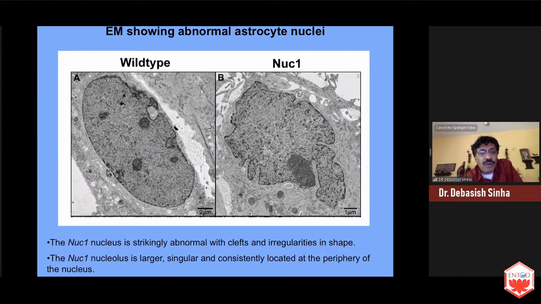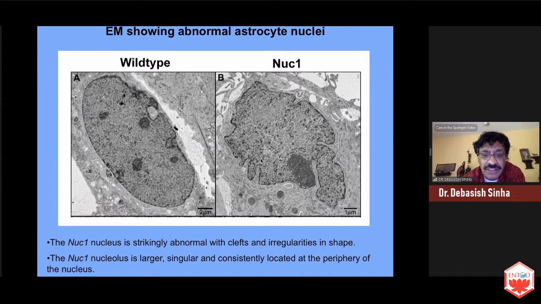We don't know yet what happens, because we don't see the Nuke1 astrocytes die. They survive abnormally. In fact, we have shown previously that it inhibits anoikis-mediated cell death. But the nucleus looks amazingly abnormal.